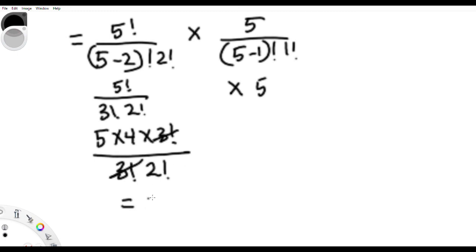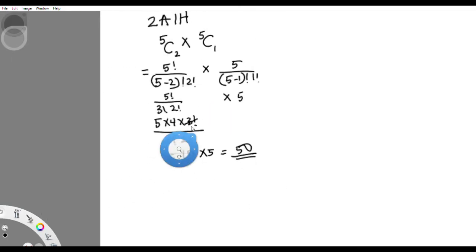At the end of the day, you have 10 times 5, which is 50. So there are 50 ways with which you can select a party of 3 having more animals than humans.